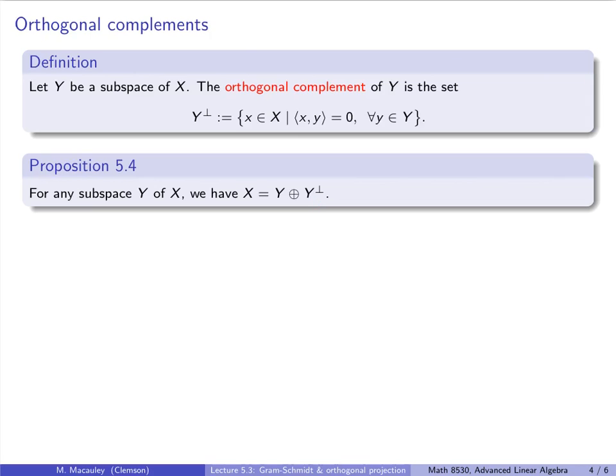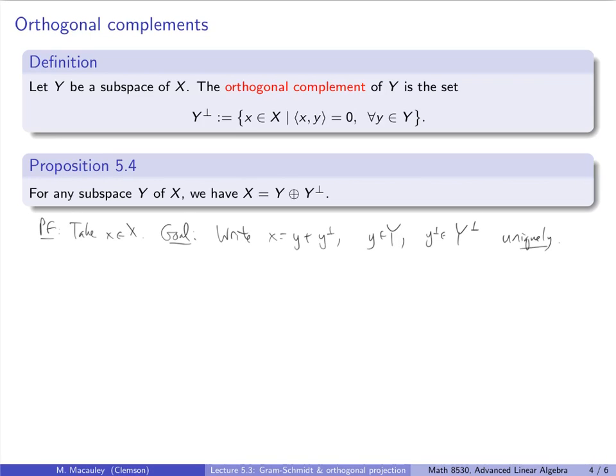So let's write that down. Let's take any vector x, and our goal is to write x as y plus y perp, where y is in big Y and y perp is in big Y perp, and the key is uniquely.